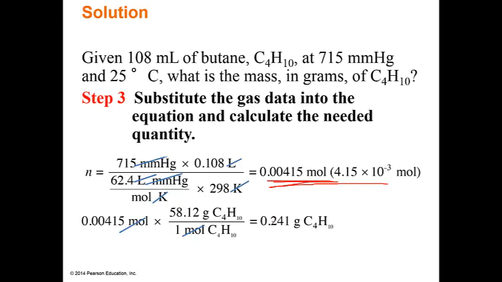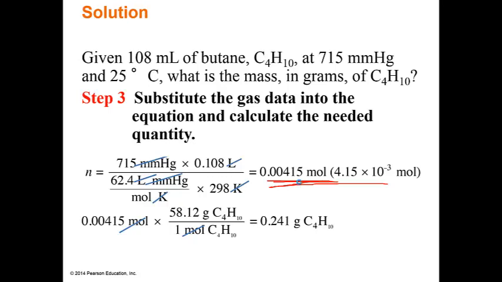We then know that we have the amount of moles that we need. We multiply that by the 58.12. So in this calculation, the mass of butane is 0.241 grams. None of this is overly complicated, just a matter of setting it up, organization, rearranging the equation, and then finally plugging and chugging.